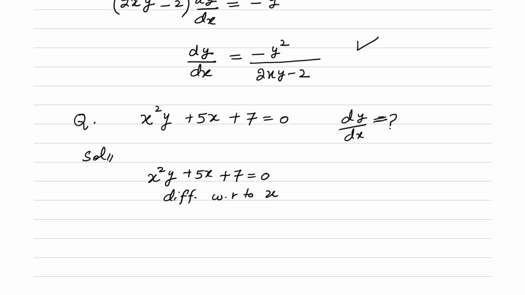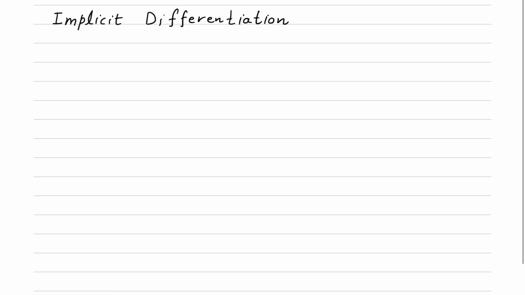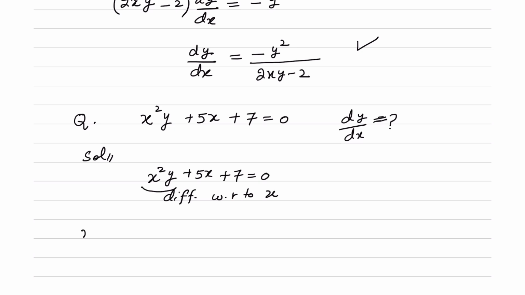Now for the first term, since it is written as a product of x square and y, we will apply the product rule of derivative. First term as it is, derivative of the second term with respect to x. Second term is y, so derivative of y with respect to x plus derivative of the first term.